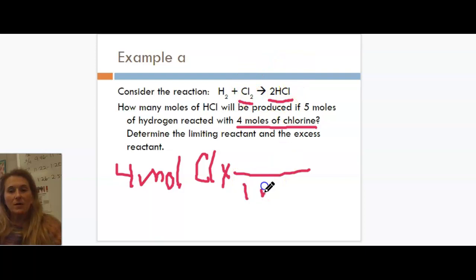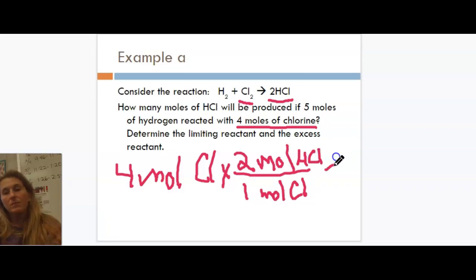So we have 1 mole of chlorine on the bottom, and we have 2 moles up top. And we see that we can make, oh, so hard to write with the little pencil here, 4 times 2, we can make 8 moles of hydrochloric acid.